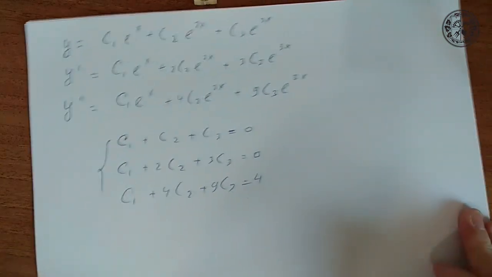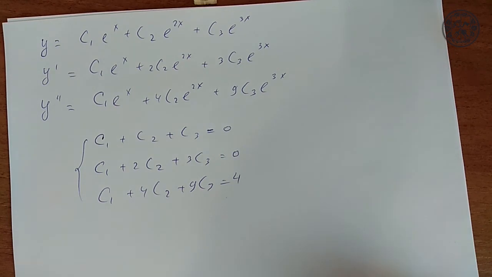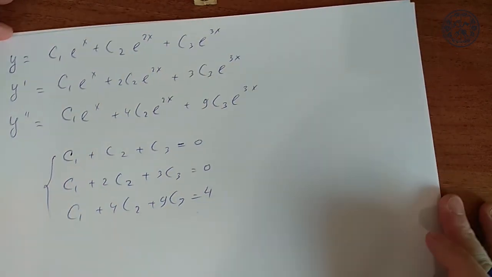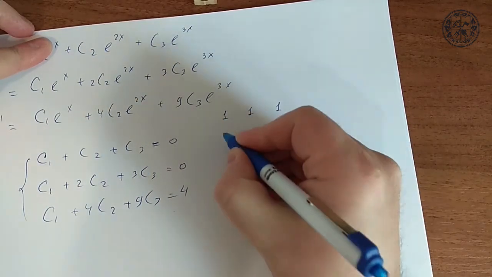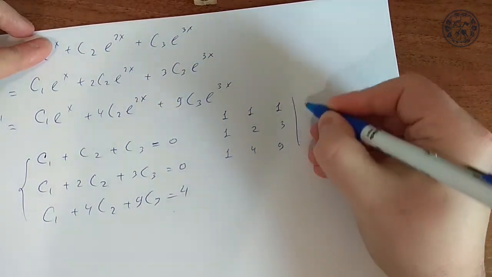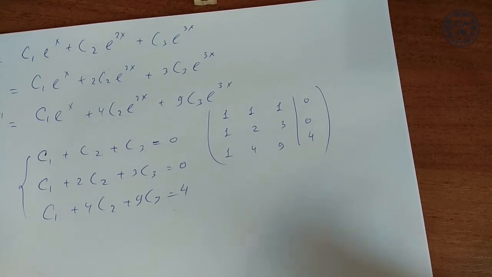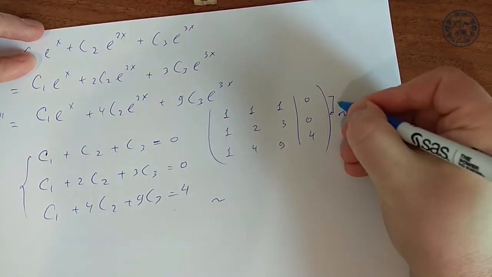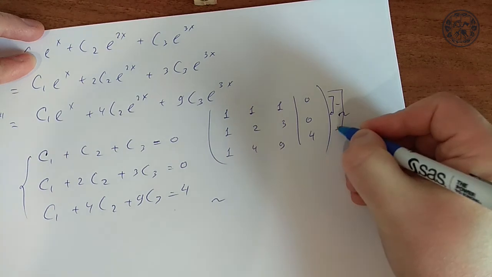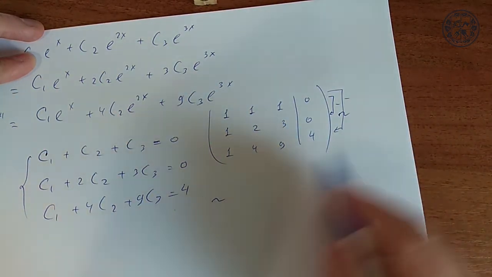Now we have to solve this system of equations. Let us use Gauss method. We write down coefficients and answers. After that, we transform this matrix to upper triangle form. So we subtract the first row from the second row and from the third row.